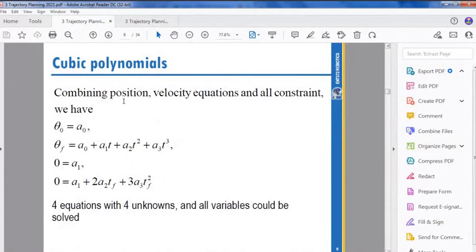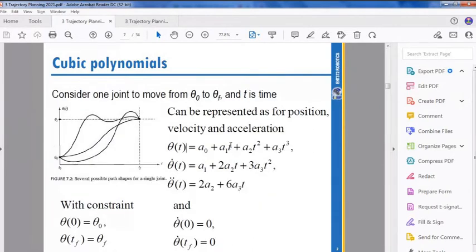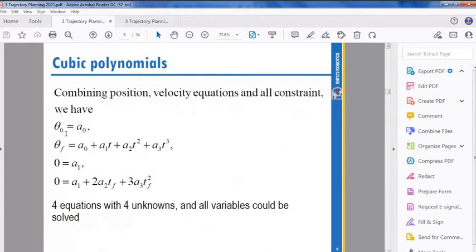Okay. So when you replace t equal to 0, as I said before, everything is 0 except A0. So theta at time 0 equals A0. Actually, A0 equals theta 0.